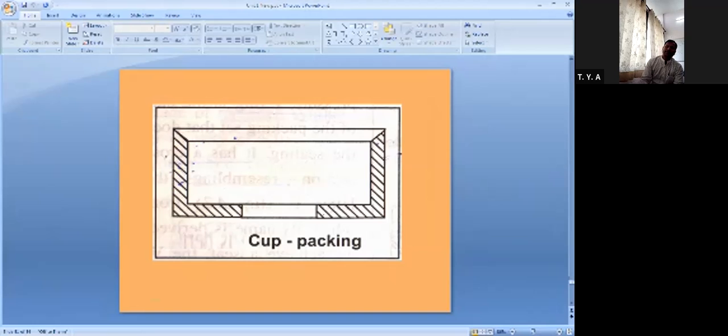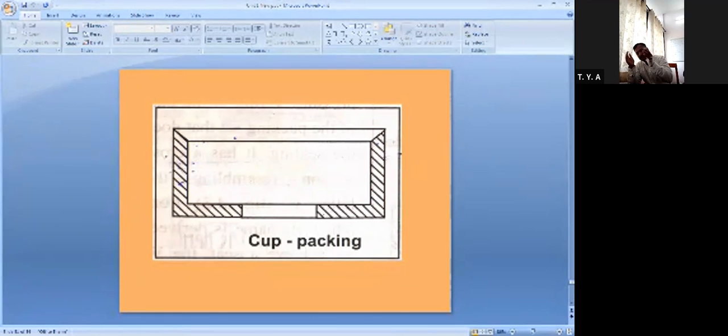This cup packing resembles a cup or a dish, with a hole in the center, and that hole is used for mounting the piston.